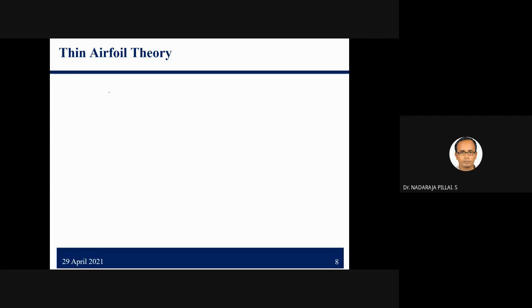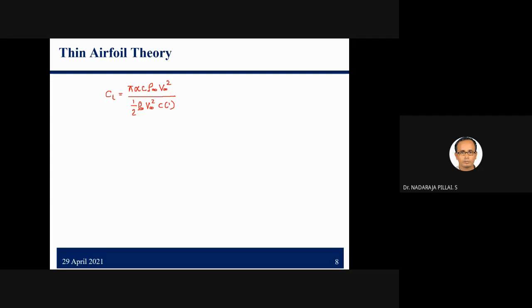So let us write CL is equal to pi alpha C rho infinity V infinity square divided by Q infinity S. Q infinity can be written as 1 by 2 rho infinity V infinity square, and S is C into 1.